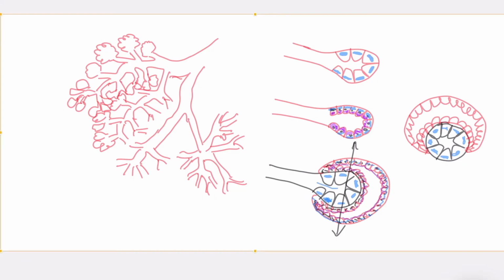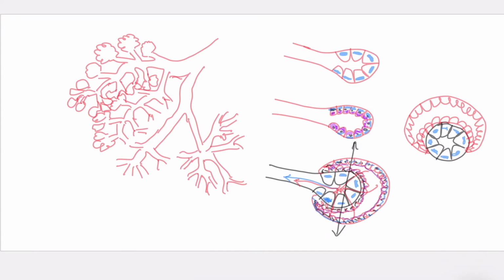Mucus, of course, will be drained out like this. And what about the secretions of this serous acini? Serous secretions are drained through the intercellular canaliculi of the mucous cells, and then it also drains through the same ductules. That is the pattern of drainage. So remember that the serous acini encapsulate the mucus secreting acini in the mixed type of salivary glands.